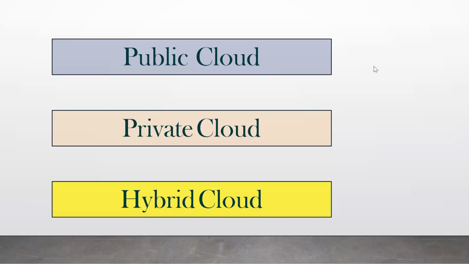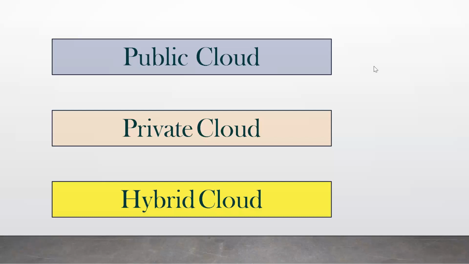This model is ideal for businesses with specific regulatory or security requirements. For instance, a large financial institution might use a private cloud to manage sensitive customer data and critical applications. By keeping everything within a private cloud, they ensure the highest levels of security and compliance with regulatory standards.